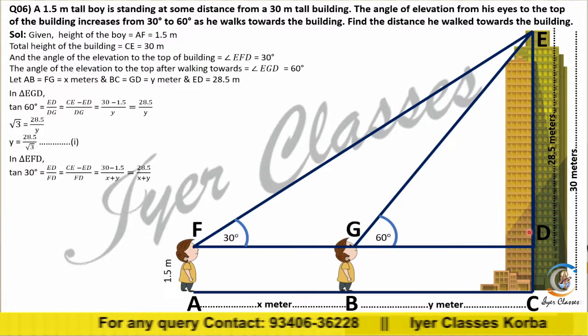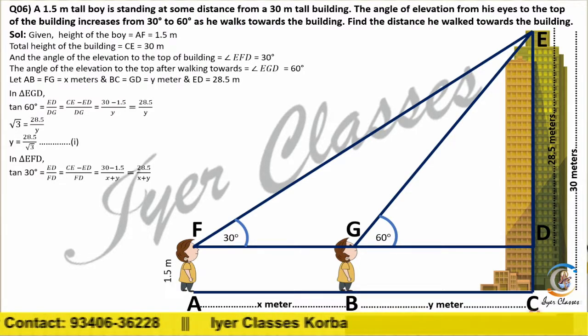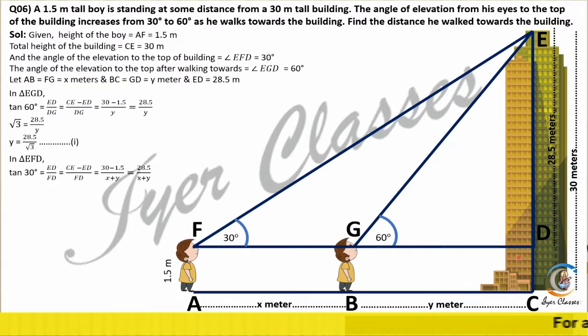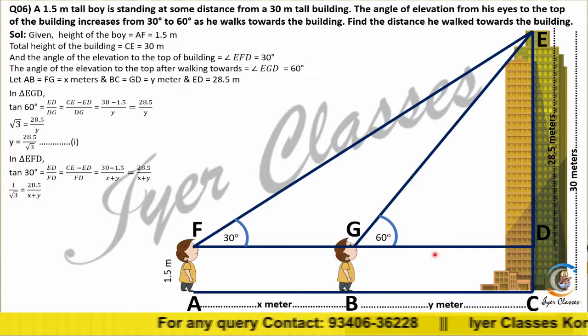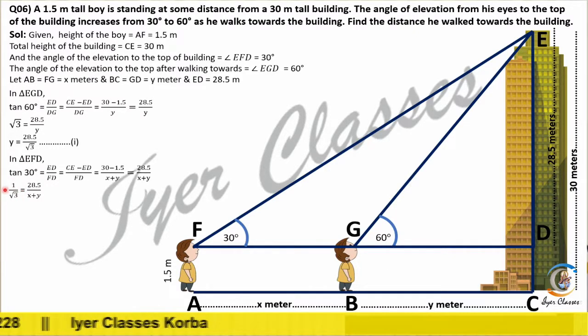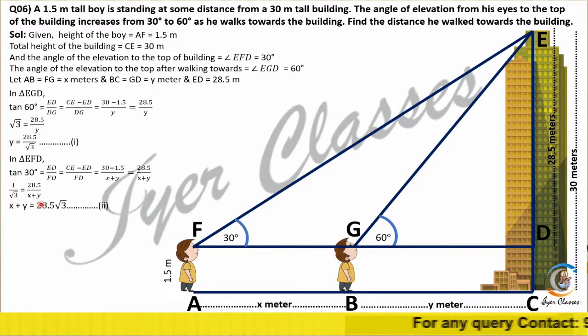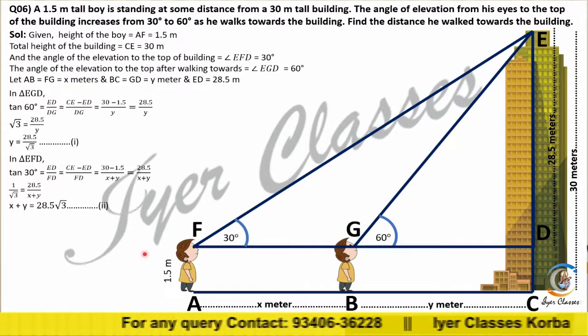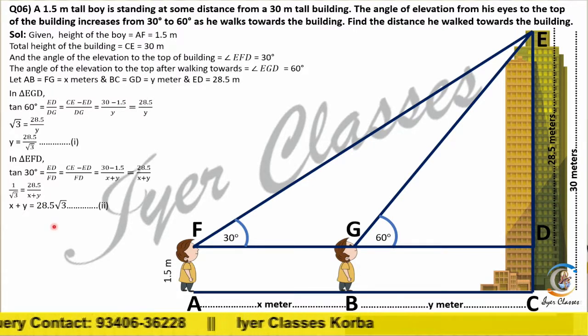This is FD. We have taken AB as X and BC as Y. The distance which is moved is only X. This distance is not given, and we have already calculated the value of Y in equation number 1. So put the values here. Tan 30 is equal to 1 by root 3, that is equal to 28.5 divided by X plus Y. On cross multiplication, we get that X plus Y is equal to 28.5 into root 3.